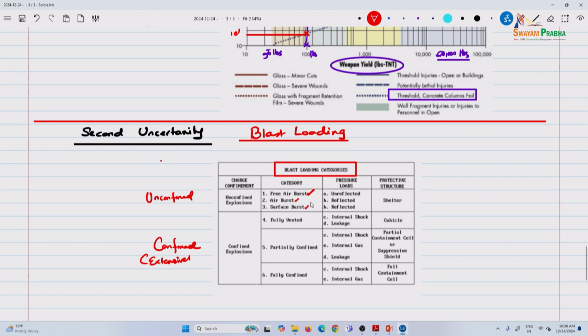So, a free air burst is, say you have a building, and something like this is a surface burst, and a free air burst will be, I know you cannot hang an explosive, this would be a free air burst.